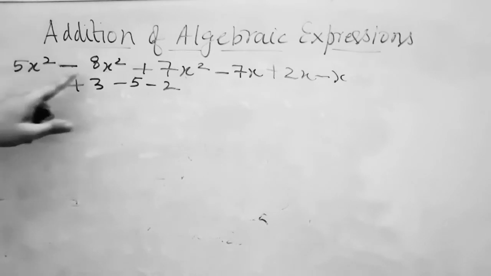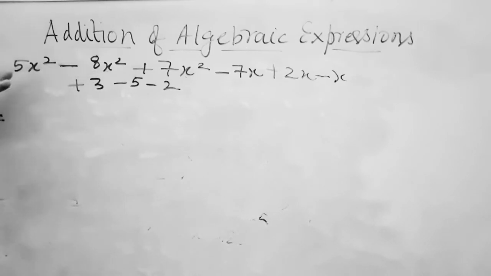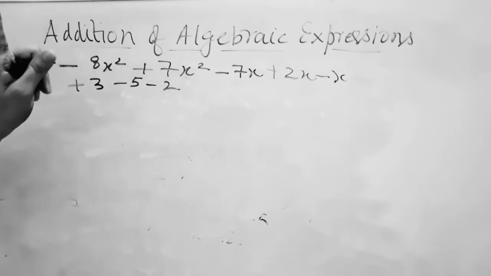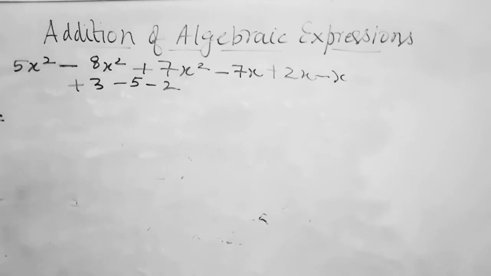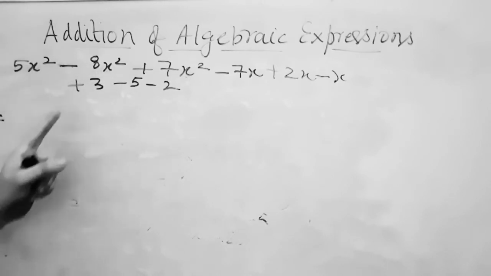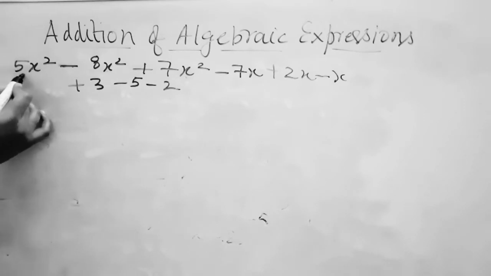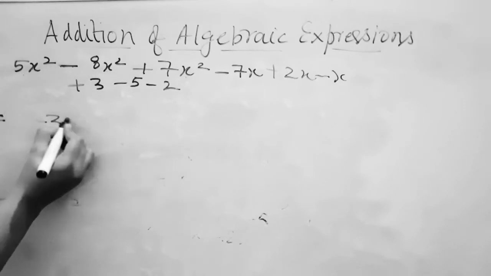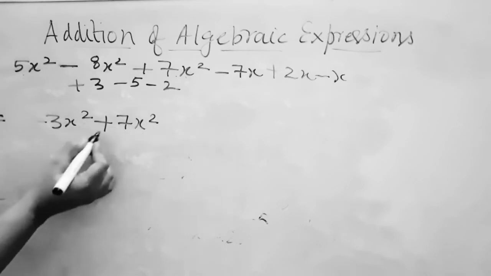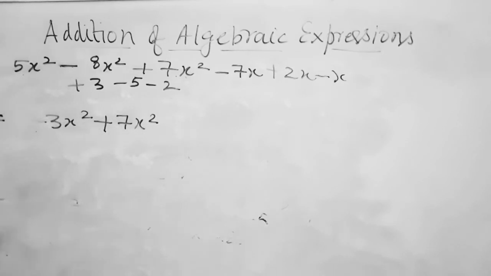So 5 minus 8, either you can start from the extreme right: minus 8 plus 7 is minus 1, and 5 minus 1 is 4. Or if you solve from this side, 5 minus 8 is minus 3, and minus 3 plus 7, the signs differ, so take the sign of the greater number: 7 minus 3 is 4.